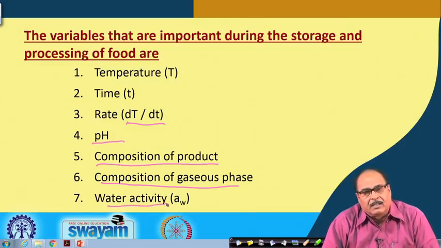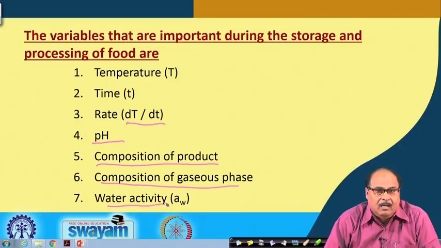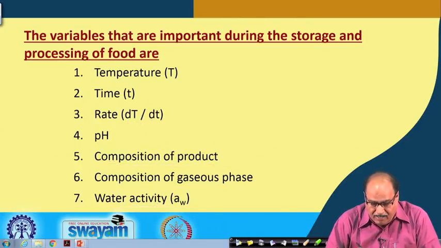These factors are very important contributors to the overall quality of the product, and therefore they should be meticulously controlled in order to get the desired characteristics in the final product.